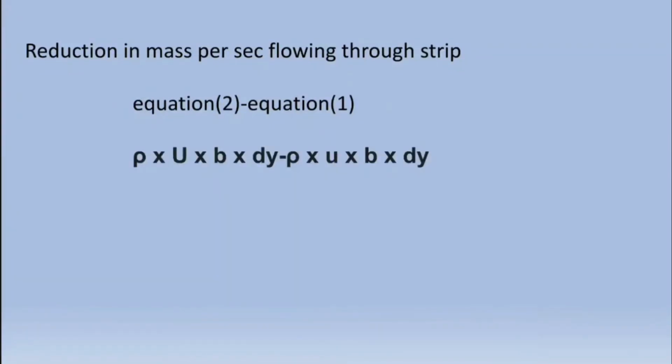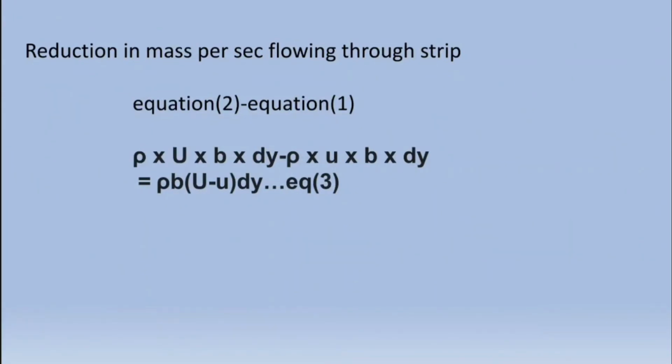How much mass is reduced due to the formation of boundary layer? That's why equation 2 minus equation 1: rho into capital U into b into dy minus rho into small u into b into dy, which is rho b into (U minus u) dy. This is the reduction of mass flowing through the strip.